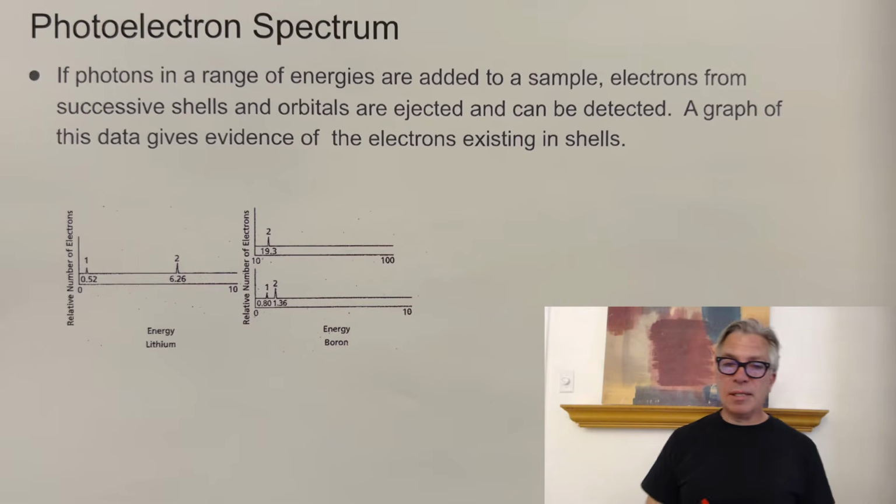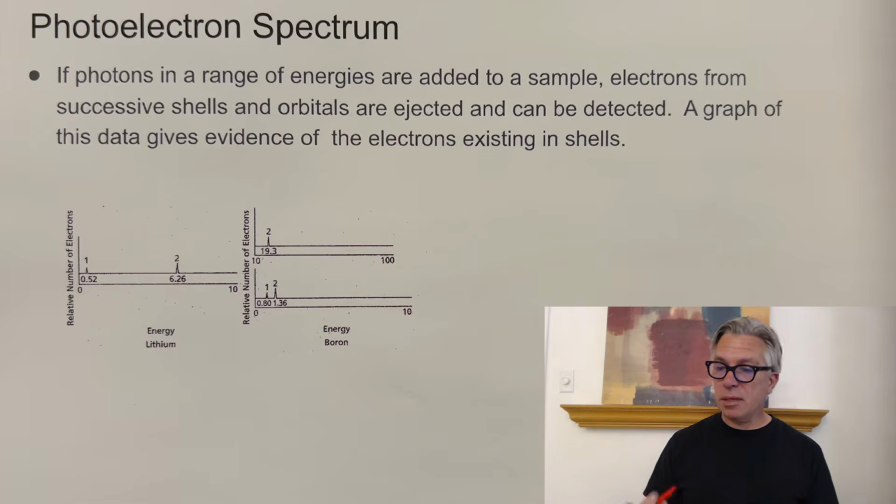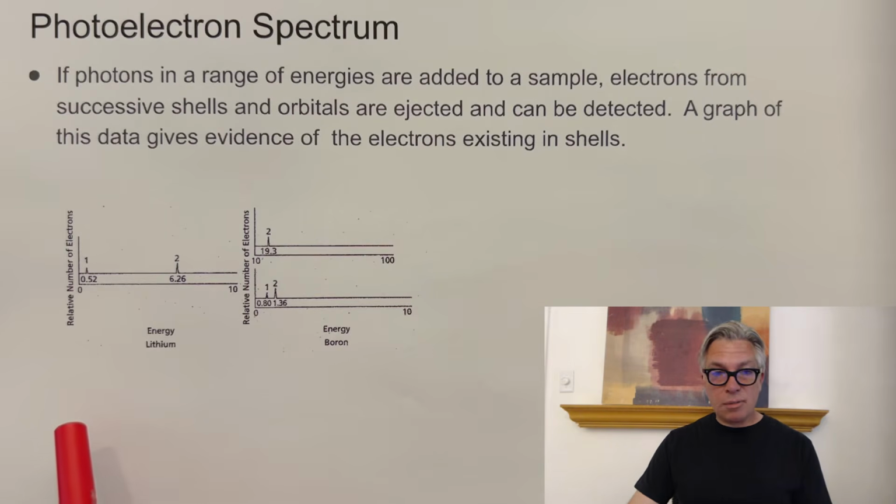And what happens is if you take a sample and just flood it with all kinds of energy and radiation, electrons from different shells can actually be ejected. For example, the electrons from an s orbital might be ejected with a certain minimum amount of energy. The electrons in a p orbital might take a little bit less energy to be ejected.